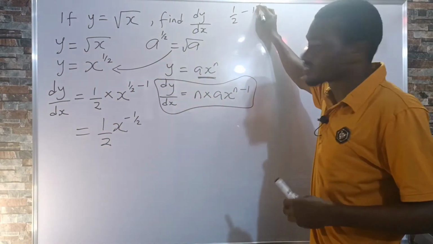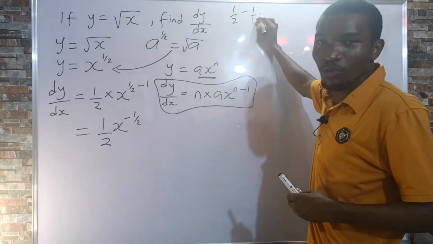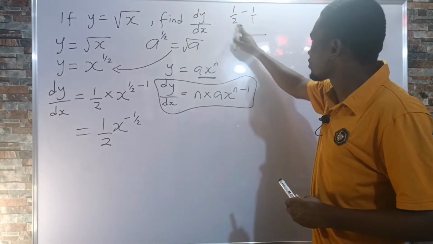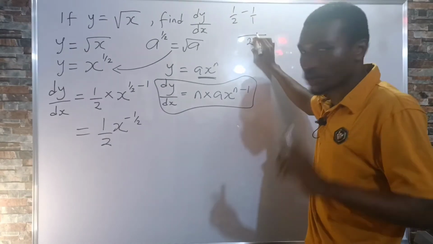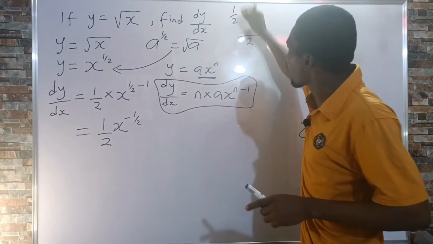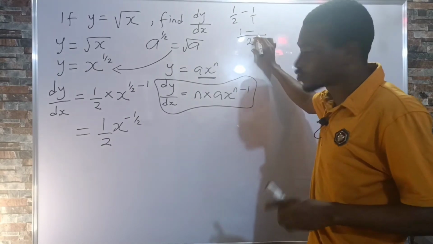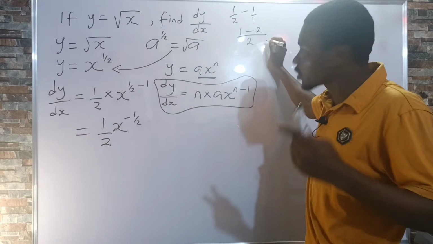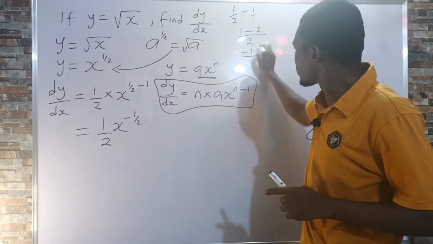Remember that 1 can still be put as 1 over 1, because any number divided by 1 will still give you that same number. Then the LCM of 2 and 1 is still 2, such that 2 divided by 2 is 1, and 1 multiplied by 1 is still 1. Then 2 divided by 1 is 2, and 2 multiplied by 1 is 2, such that 1 minus 2 will give us negative 1, and that is all over 2.